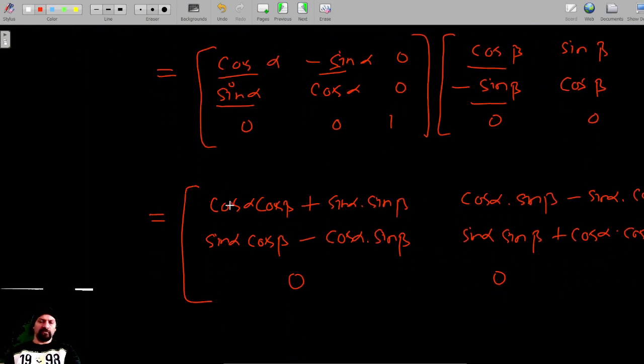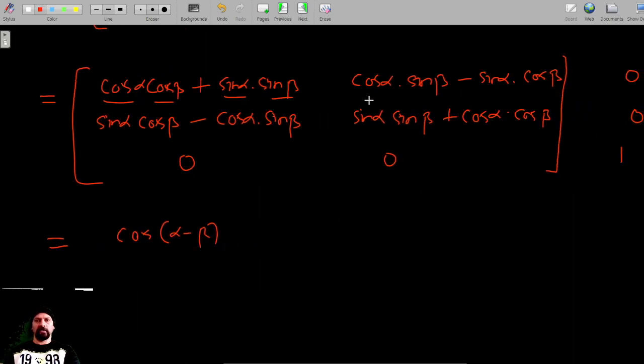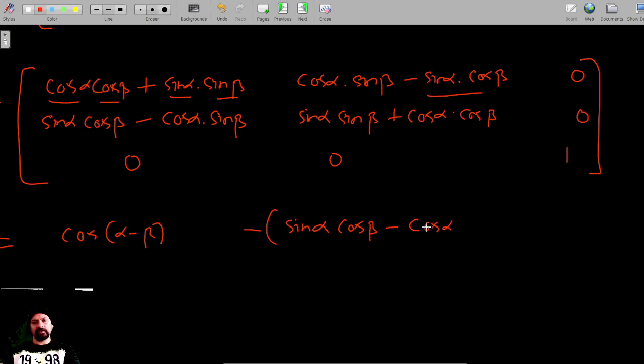Okay, now this is of the form cos A cos B plus sin A sin B, which is equal to cos of A minus B. And for this, we can take negative common. So if negative is common, then this term is positive. So this is sine alpha cos beta minus cos alpha sine beta, into 0.